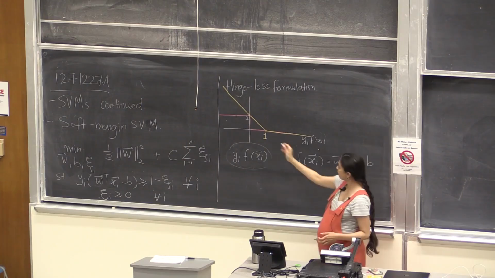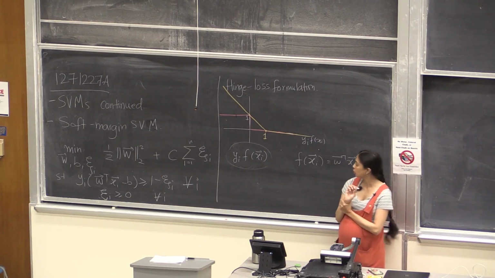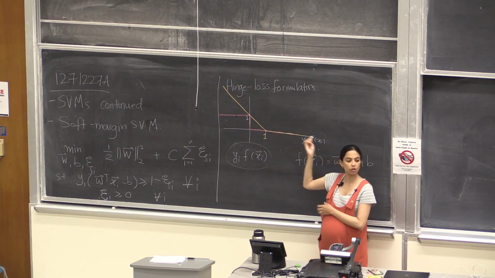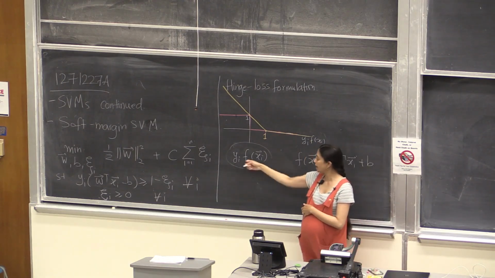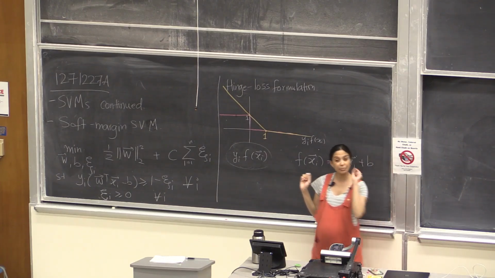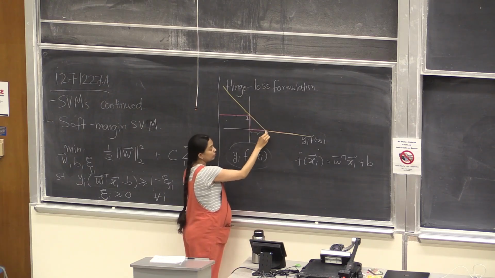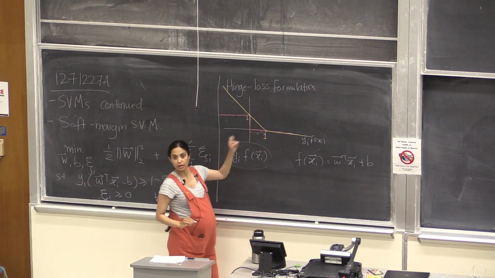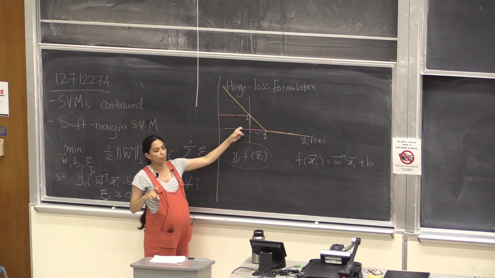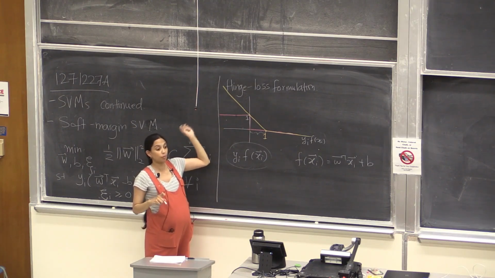Using this loss function, I'm going to give you 0 loss if yi times f of xi is greater than 1, not greater than 0. So I'm taking a little bit of loss here, even though I've classified correctly. And as I go more and more negative, I'm penalizing myself more and more.